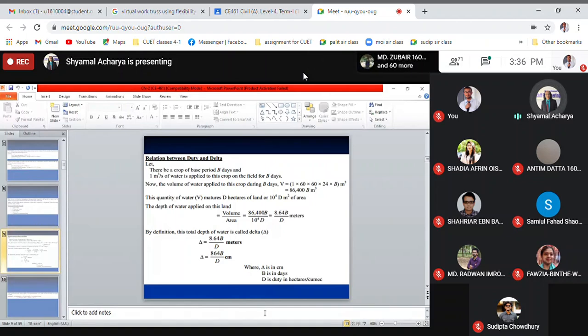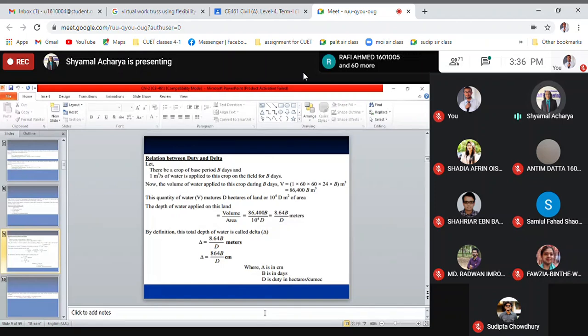The depth of water applied on this land is volume divided by area: 86,400 B divided by 10 to the power 4 D meter. By definition, this depth of water is called delta. So what is the depth of water applied? The total volume of water you are supplying to this area of land will give you a particular depth.